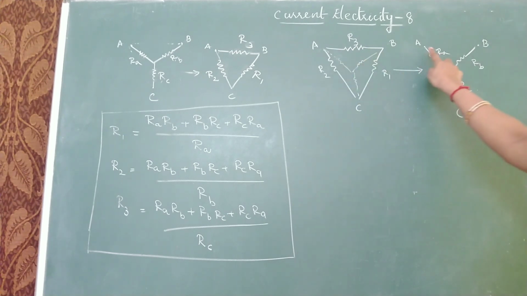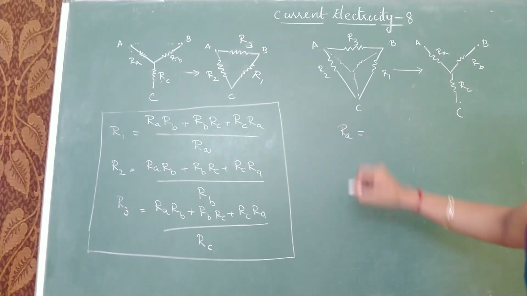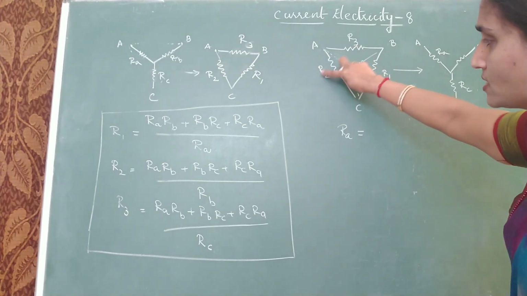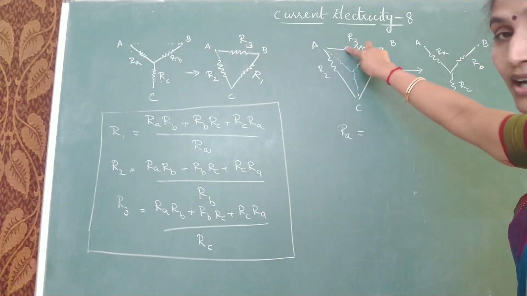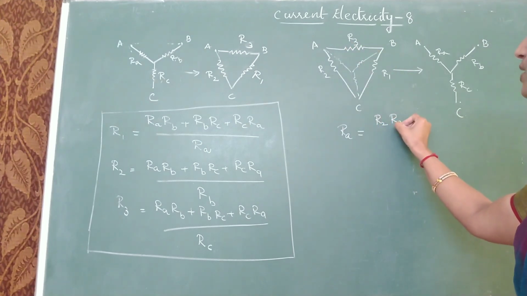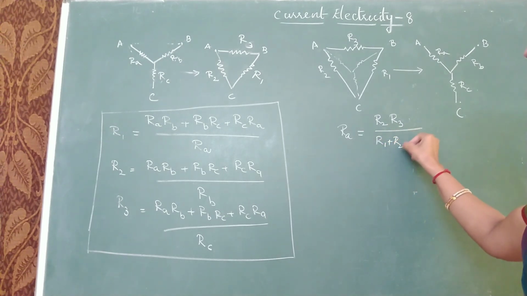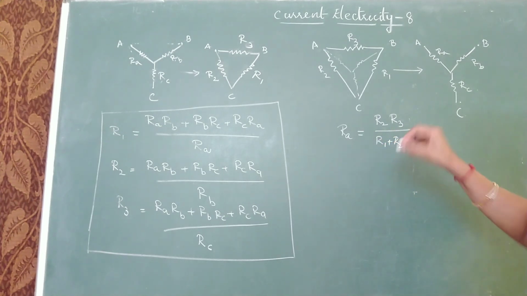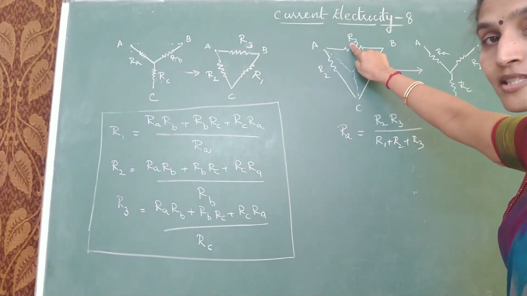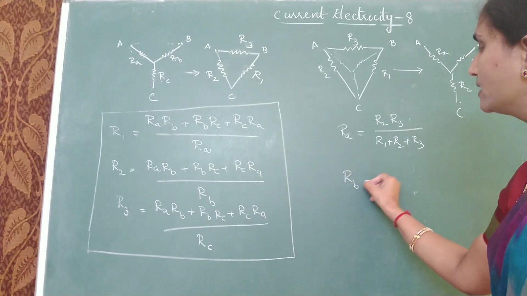First I will tell you the formulas. RA will be equal to, since we need the resistance here, and it lies between R2 and R3, the product of these two, R2 into R3, by R1 plus R2 plus R3. If I need this resistor, it is product of these two by sum. Similarly, what will be the RB value? You predict now.